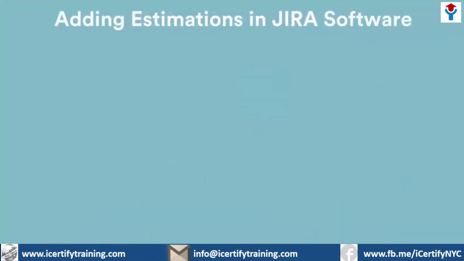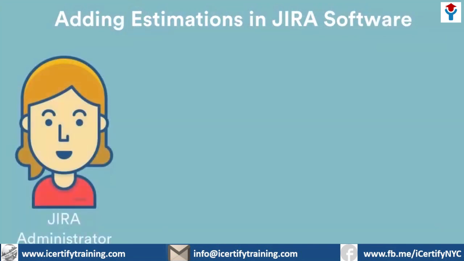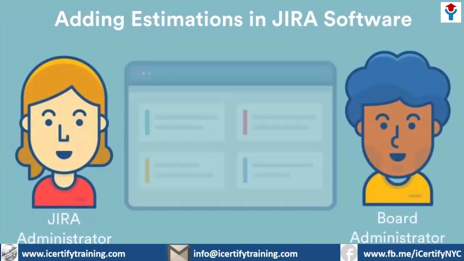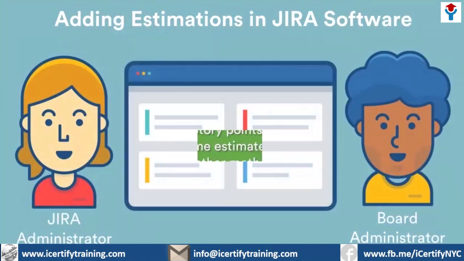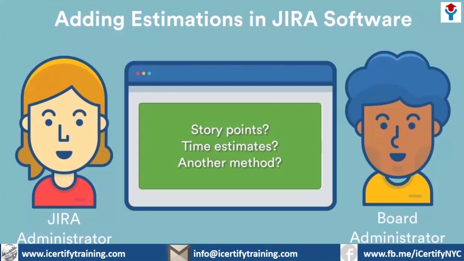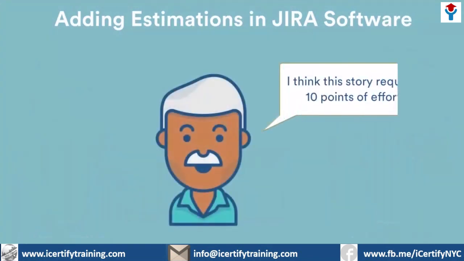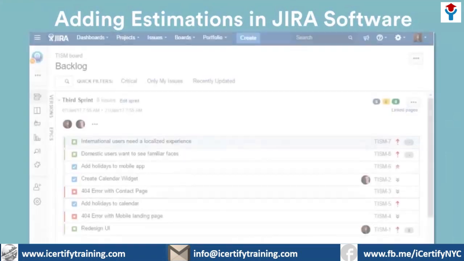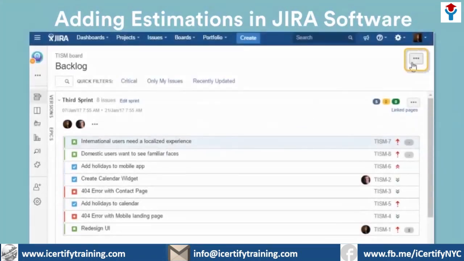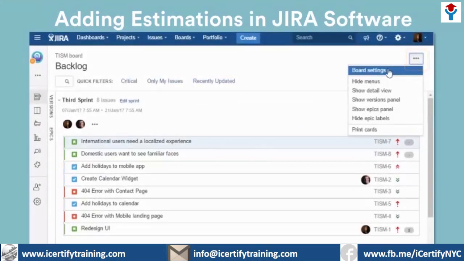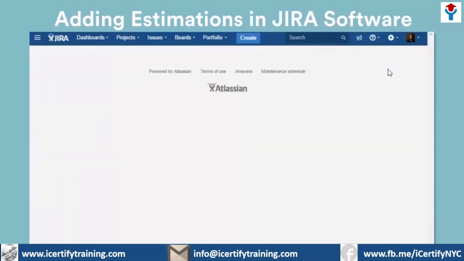Adding estimates to JIRA requires a JIRA or board administrator to first configure the board for the desired estimation method, and possibly to configure fields as well. Once the board's configured, JIRA users can estimate the effort for the issues. To configure your board's estimation method, click the More button, then click Board Settings. Select Estimation.